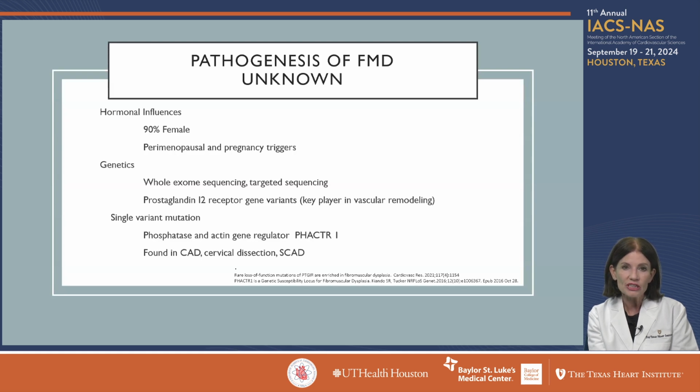Some whole genome sequencing and targeted sequencing has shown that the prostaglandin receptor gene variants, which are important in vascular remodeling, have been potential targets and have been shown to be abnormal in certain registries of FMD. A single variant mutation, which is the phosphatase and actin regulator gene, has been found to be abnormal in both SCAD patients, some coronary artery disease patients, and in patients with cervical dissection.